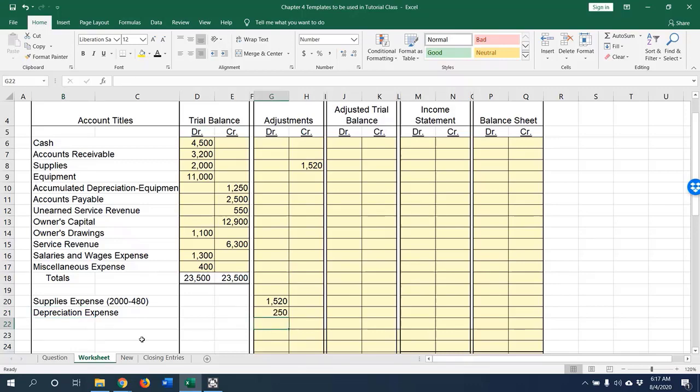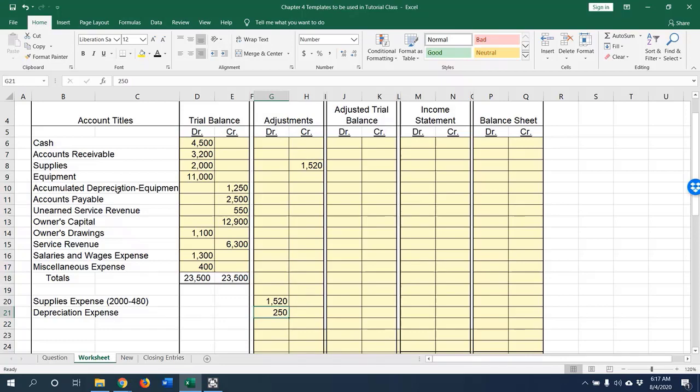Okay, the value is 250, the depreciation for the month of March. Depreciation expense will be on the debit side, 250 debit, and whenever depreciation expense is debited, accumulated depreciation is credited.